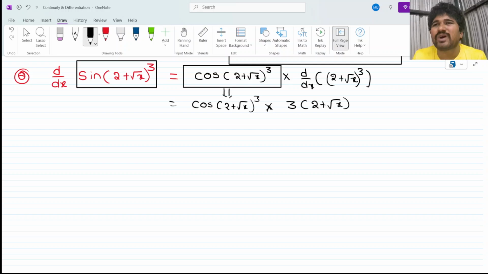Yes, power 2. How did you get this idea? It looks like d by dx of something power n. Is that clear for everybody? That's why you got that idea.